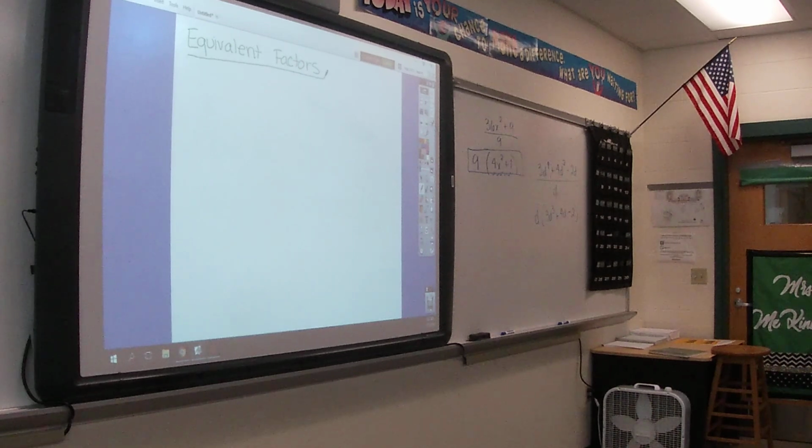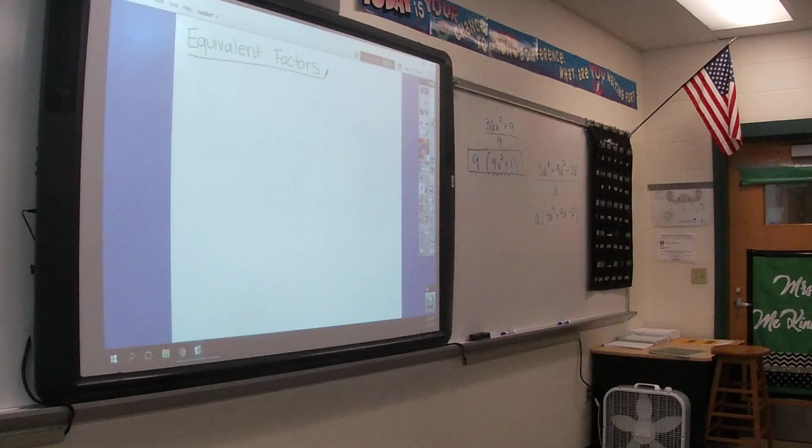Okay, what do we think equivalent factors is going to mean? Equal what? What's equivalent mean? Equal. Right, they're the same value. What are factors? Right, when we multiply them together, they give us whatever.